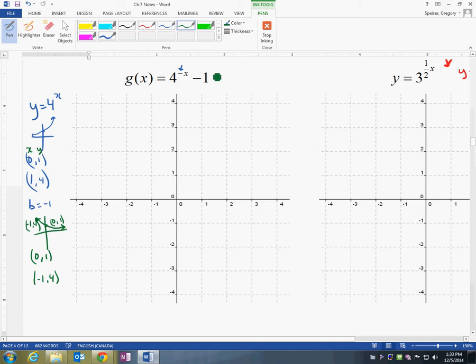And then my last step is this -1, maybe red. So my last step to say that k is equal to -1 means I go down 1. So all my y values have 1 subtracted. So looking at this one, my x stays the same, but my y goes down by 1, so it's 0, 0.